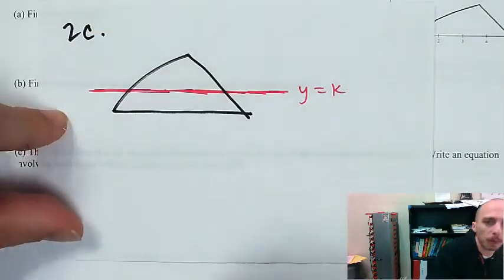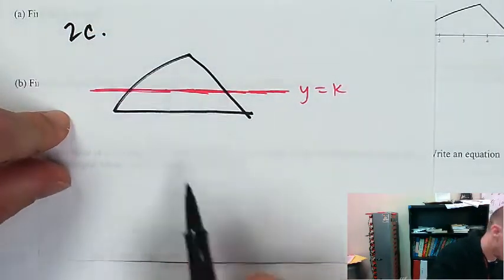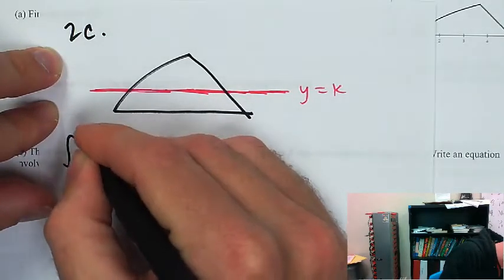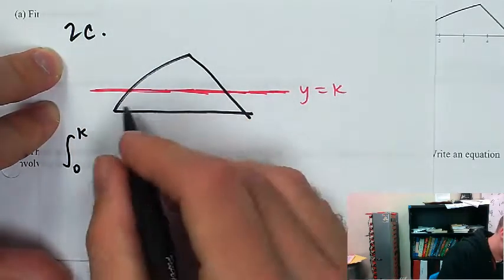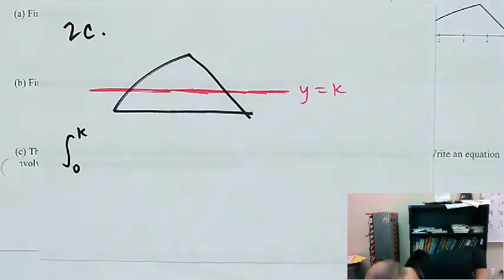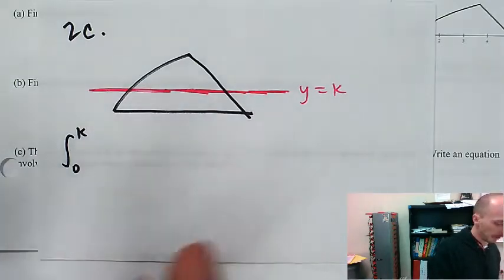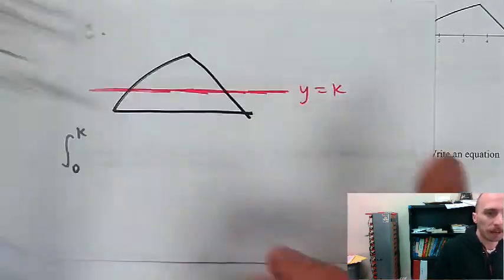So I'm going to say, all right, if I integrate as y runs from 0 to k, right minus left was 5 minus y minus e to the y.